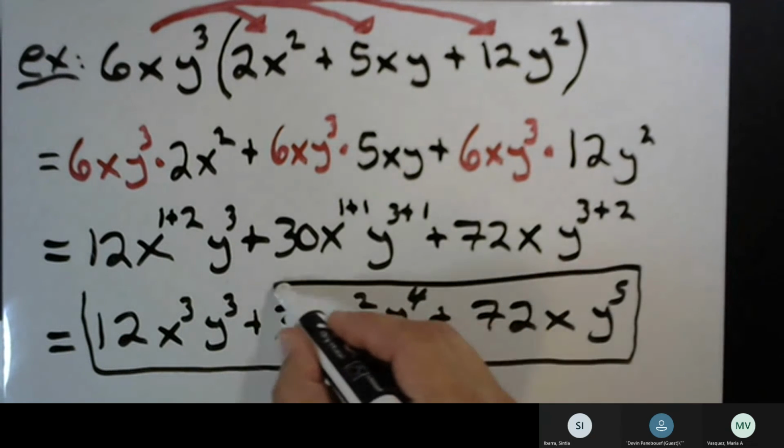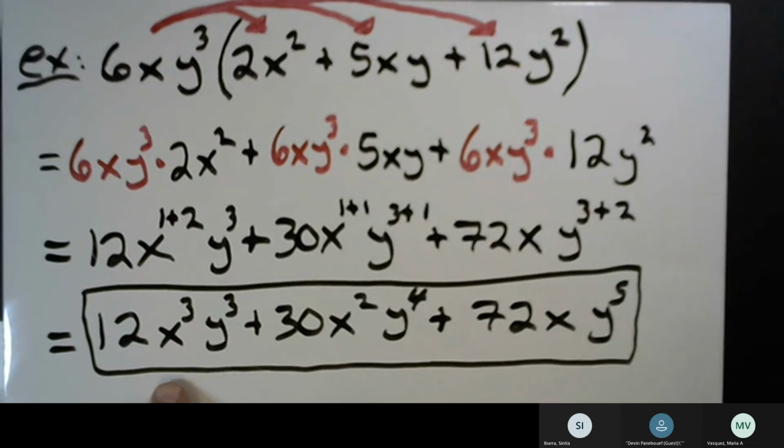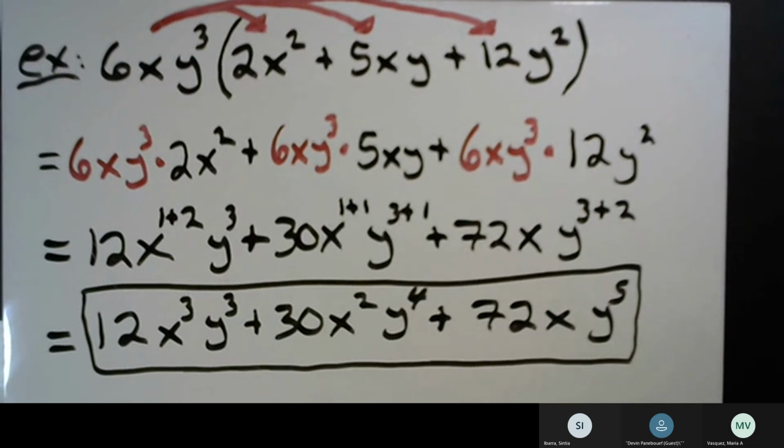And these are all different types of terms. Type x cubed y cubed, type x squared y4, type x y5. So they're not going to combine, they're different types. And so that's going to be it. Questions about that?